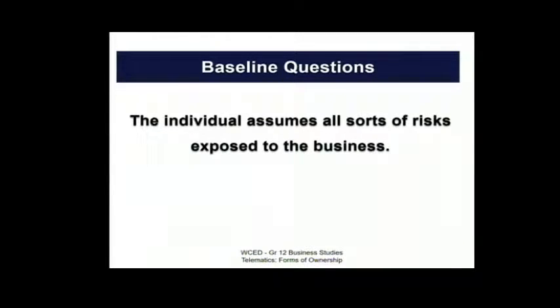I wonder if any of those learners can tell us which form of ownership is described when we talk about the individual assuming all the risks. We're getting answers here. We got 3. One is saying Sole Trader. Yes, Sole Trader. Please acknowledge us.